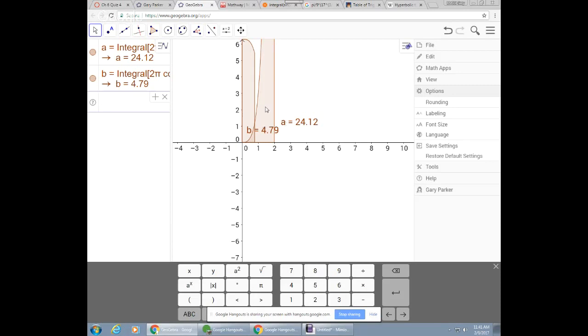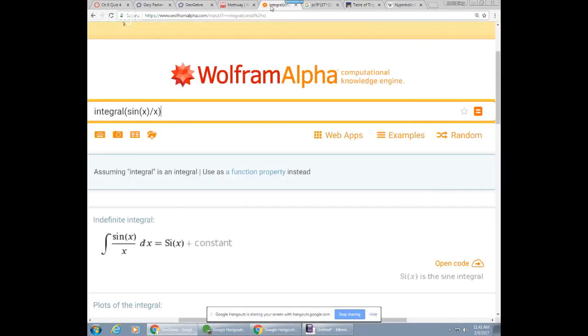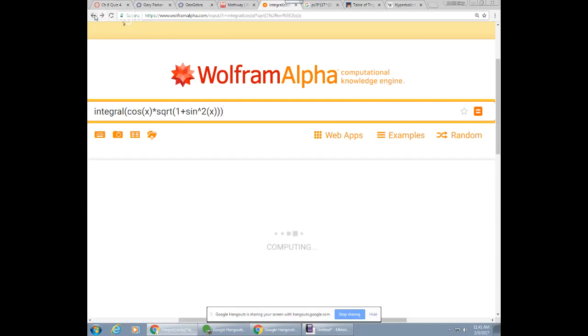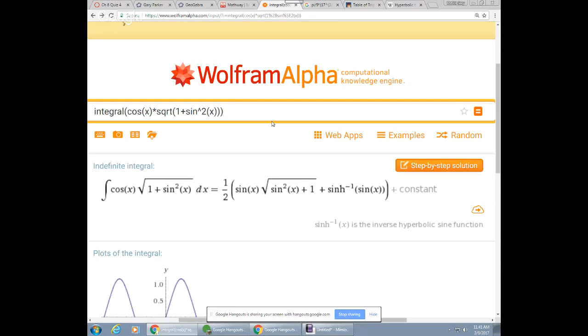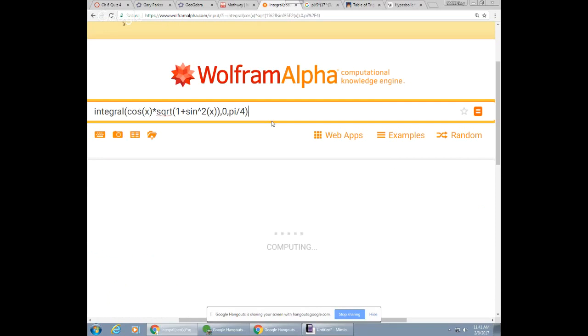Let's hide that other one. We don't have a technique to come up with what Wolfram claims the antiderivative was. Let's see, let's go back to my other one. But Wolfram Alpha can also do definite integrals by just typing comma and then giving it the boundaries. 0, comma, pi over 4, close parentheses, enter.